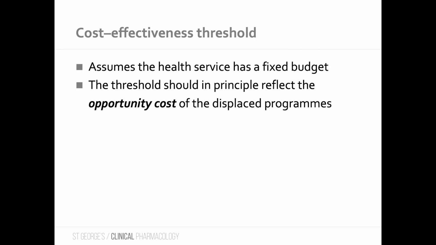The cost-effectiveness threshold, at least in principle, assumes that the health service has a fixed budget, and in principle, it represents the cost-effectiveness of the other activities that are being displaced by the adoption of the new technology. In other words, the opportunity cost. So as you recommend a new treatment, as we've heard about, something else has to get displaced in order to accommodate that new treatment.